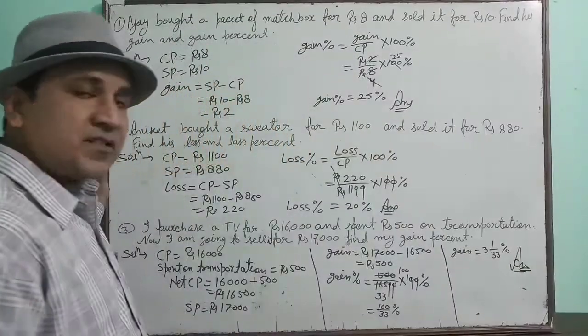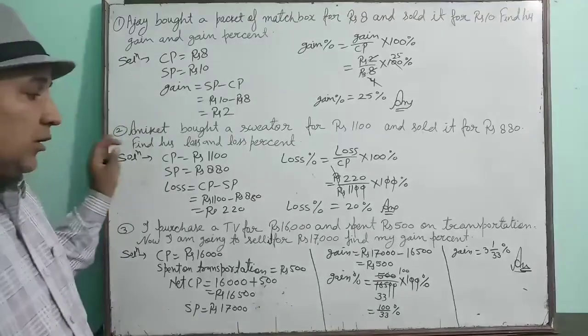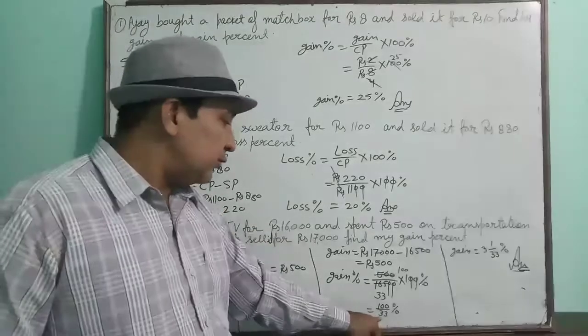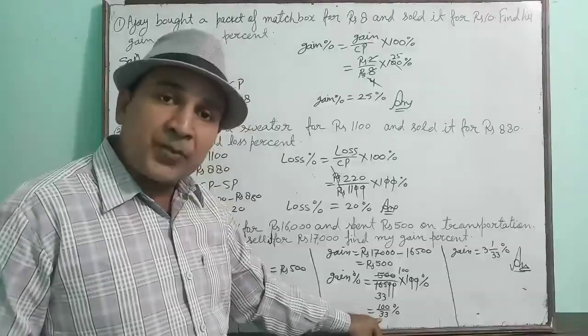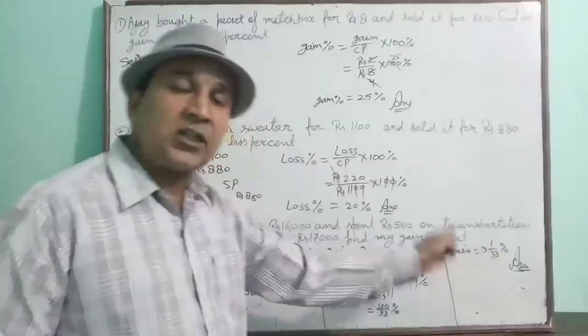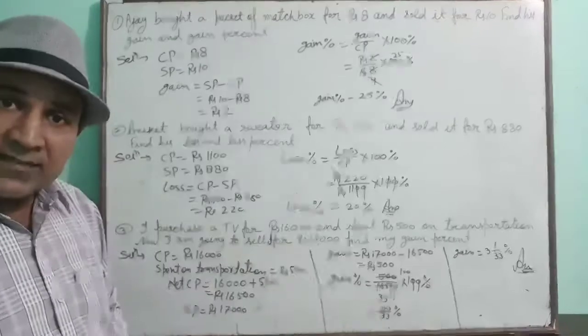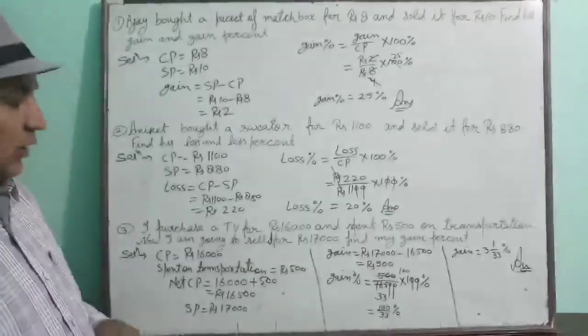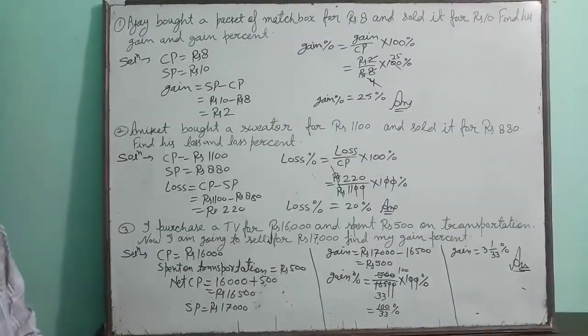This is the gain percent. Be careful. Don't give your answer in improper fraction. Either give it in the form of mixed fraction, otherwise in the form of decimal. Now note down these questions.